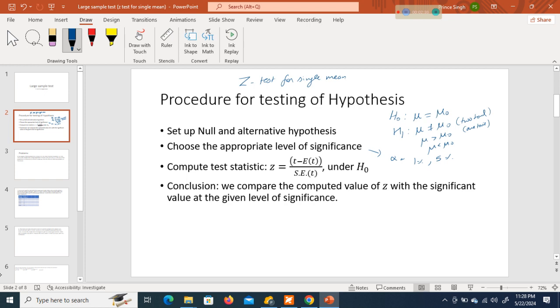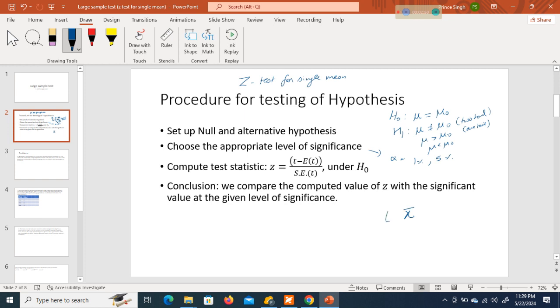The next step is we need to compute the test statistic. What is the formula for the same? The formula is the same which we have studied in the central limit theorem also. Generally, to measure the population mean we are using the sample mean as the statistic.